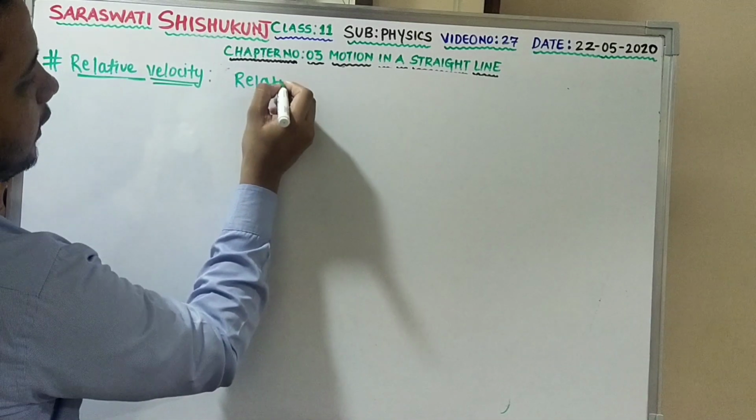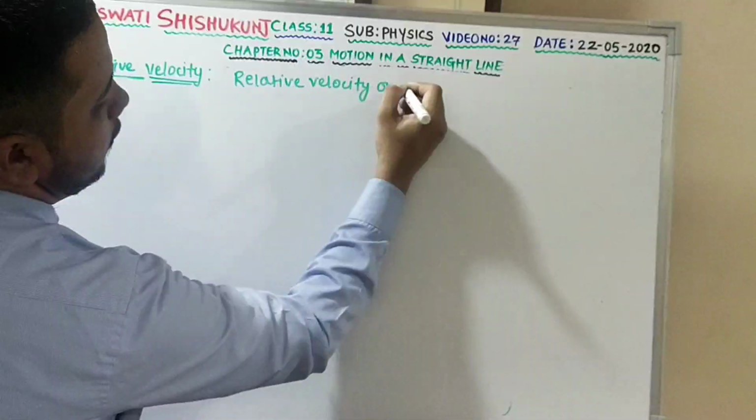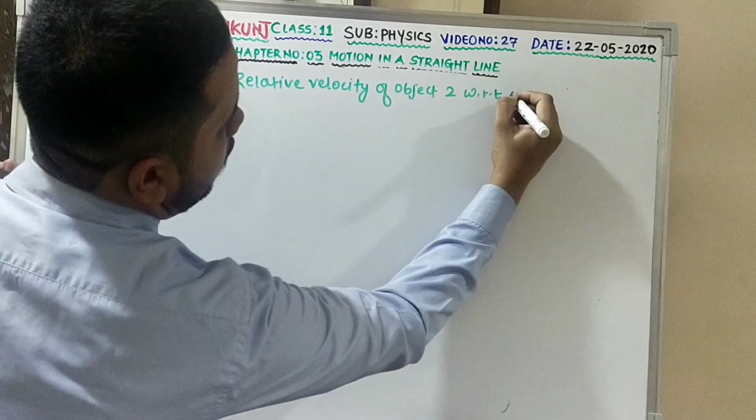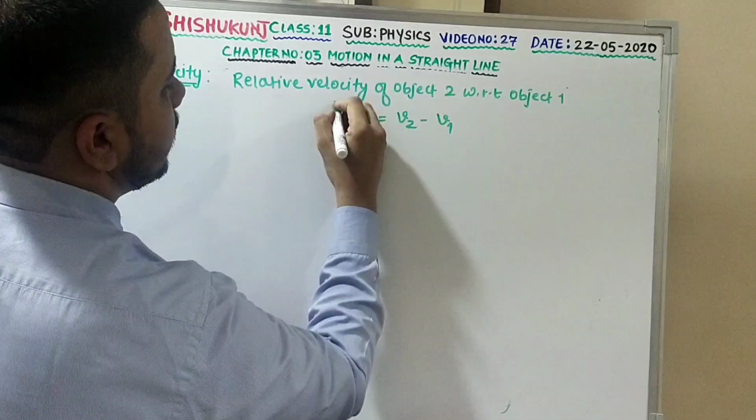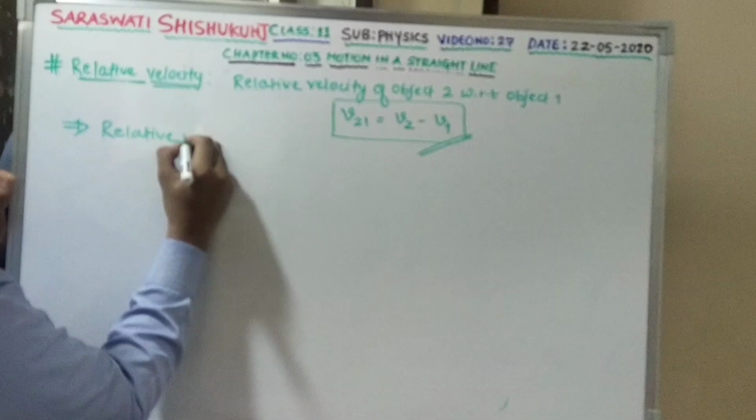Moving ahead, we have the relative velocity of object 2 with respect to object 1, denoted by v21, equal to v2 minus v1. This we have derived recently.